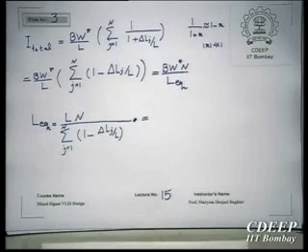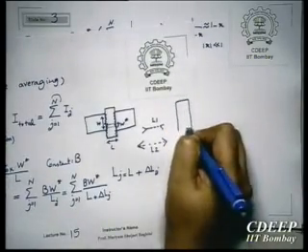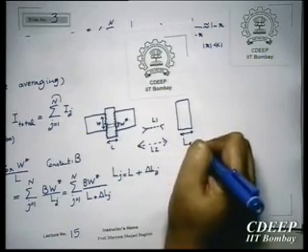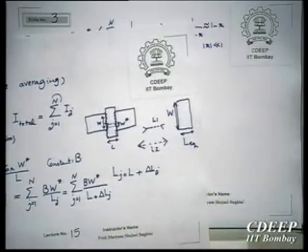W star into n is equal to W. Now I want to see what is the equivalent L I get if I have variation in L. L equivalent is the equivalent L I can put here without any variation, and with the width of W, which is equal to W star into n.